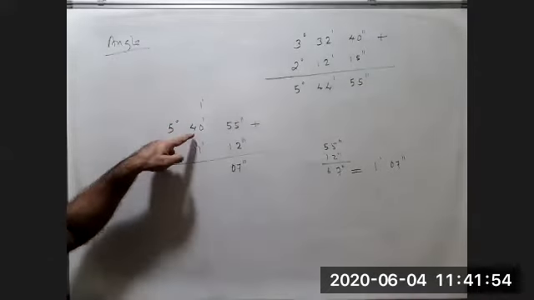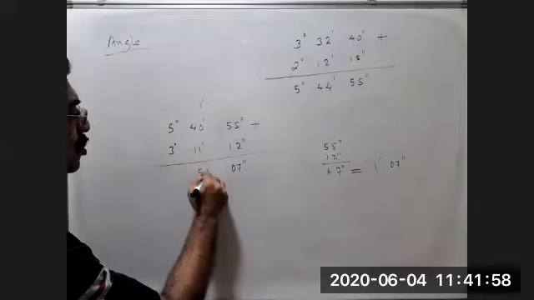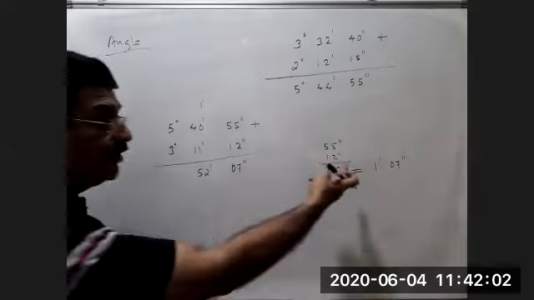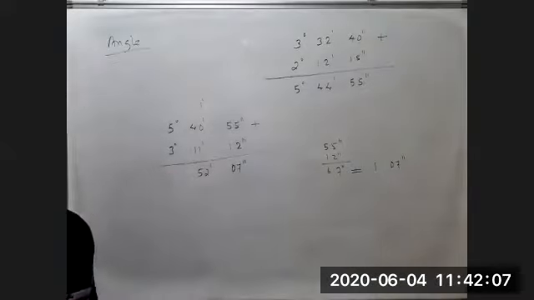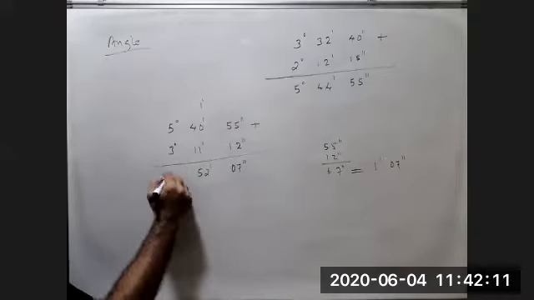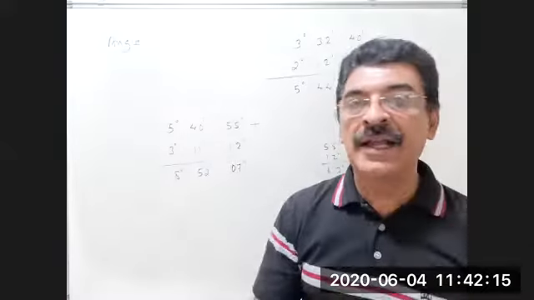Now adding this to 40, 51 plus 1 is 52 minutes, because that 1 minute is carried over from seconds. Then 5 plus 3, 8 degrees. So this is how to add degree measure.